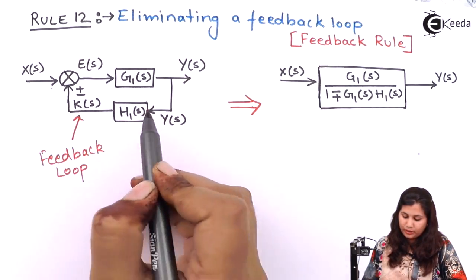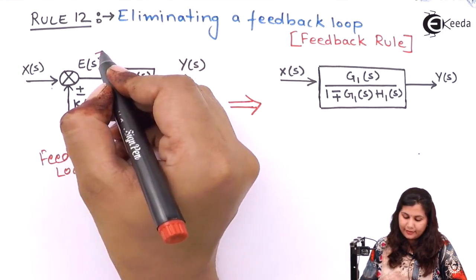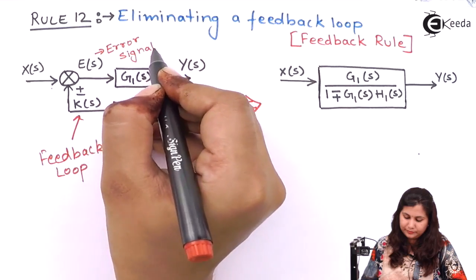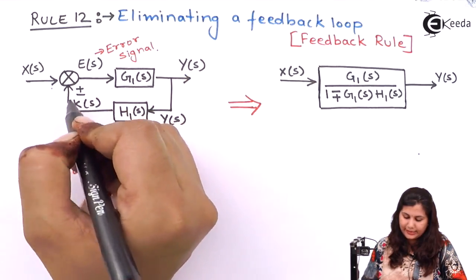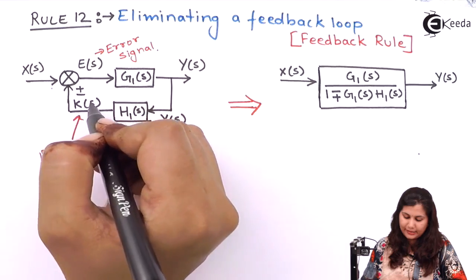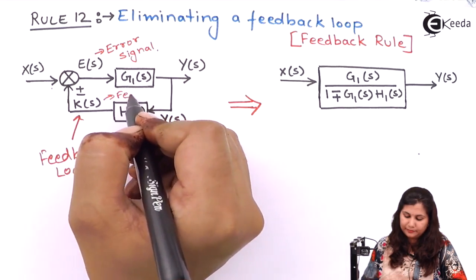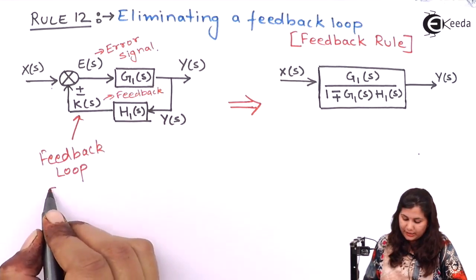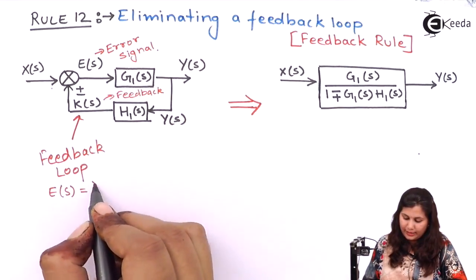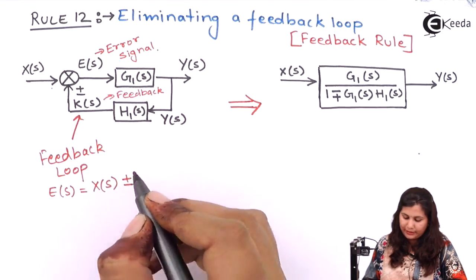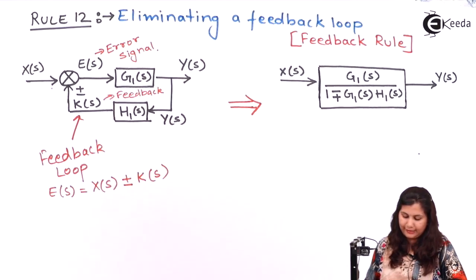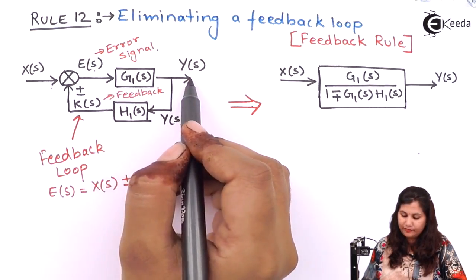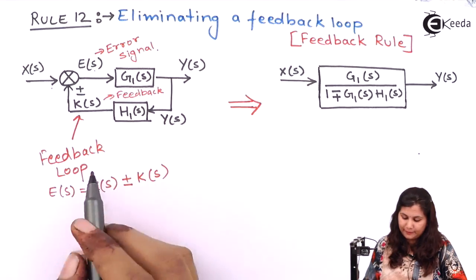Xs is the input and Es is the error signal. Es is equal to Xs plus minus Ks, where Ks is the feedback signal. And this Es is multiplied with G1s and we will get the output as Ys.